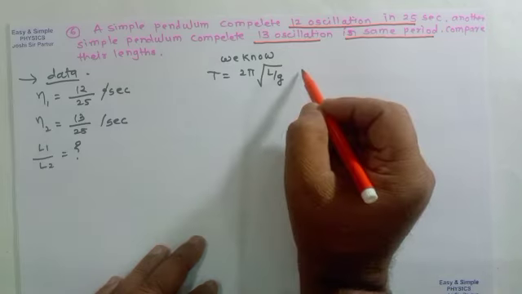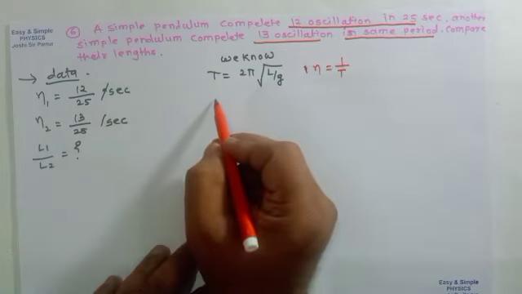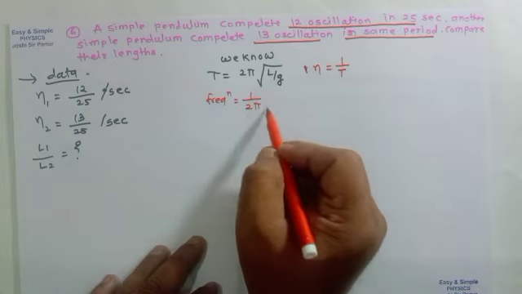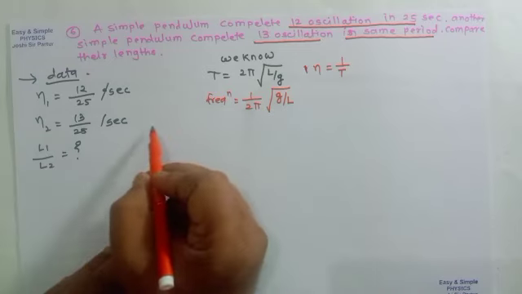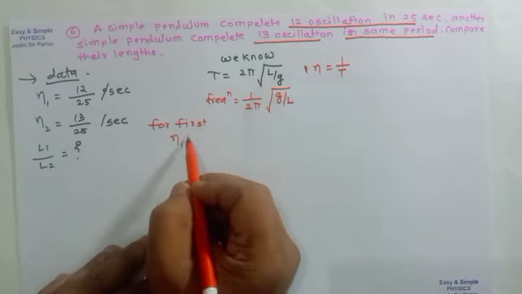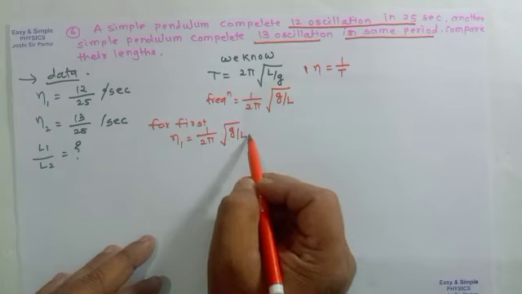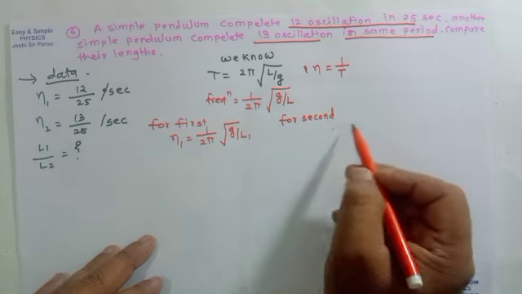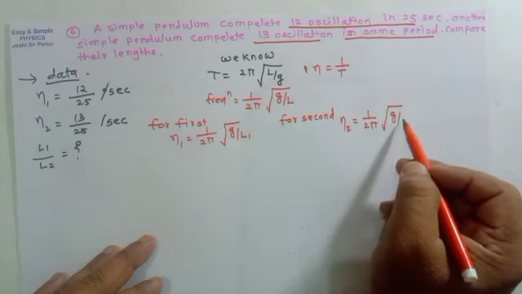Then n is equal to 1 upon time period, so frequency is equal to 1 upon 2 pi square root of g upon L. For the first, n1 is equal to 1 upon 2 pi square root of g upon L1. For the second, n2 is equal to 1 upon 2 pi square root of g upon L2.